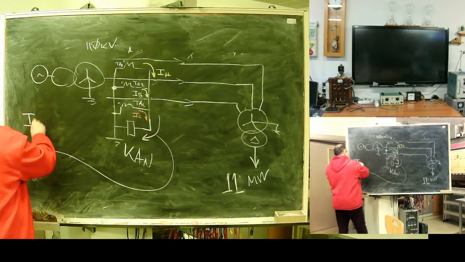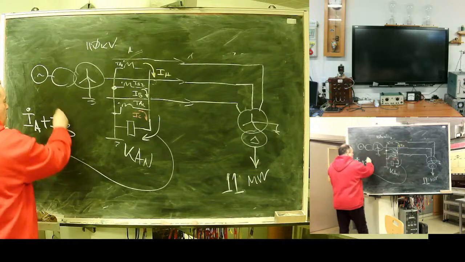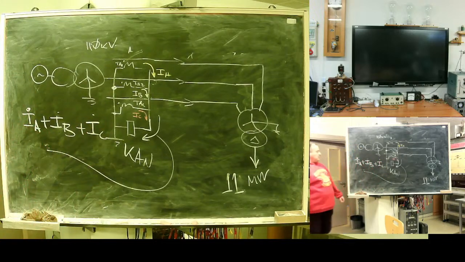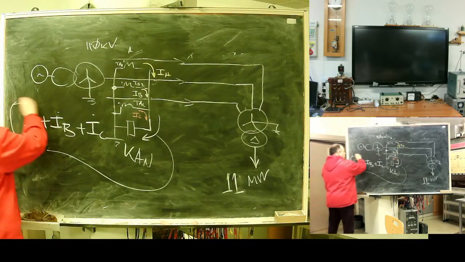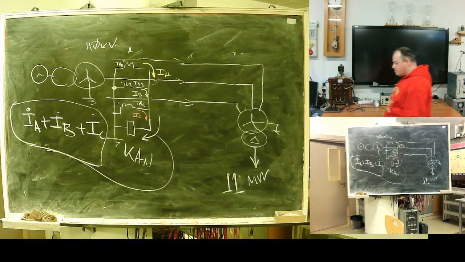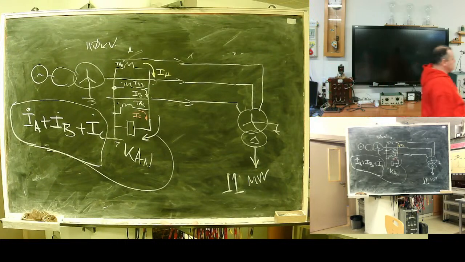Current, which is the vectorial sum of B, A, and C currents. What will I see? Zero. Of course, in symmetrical regime, it's zero.